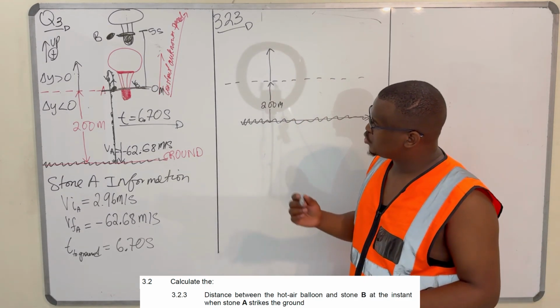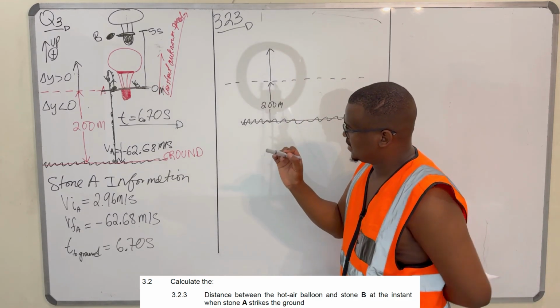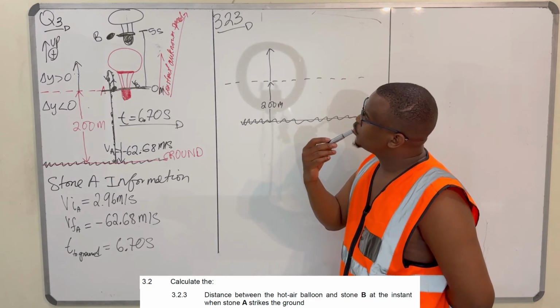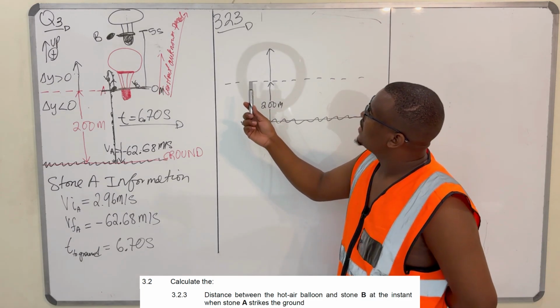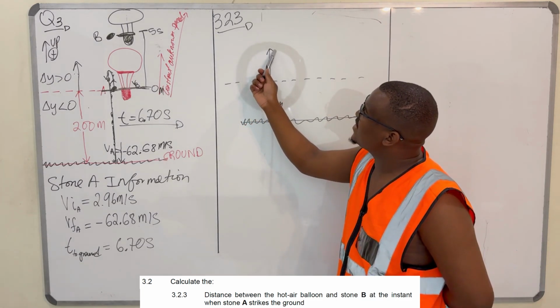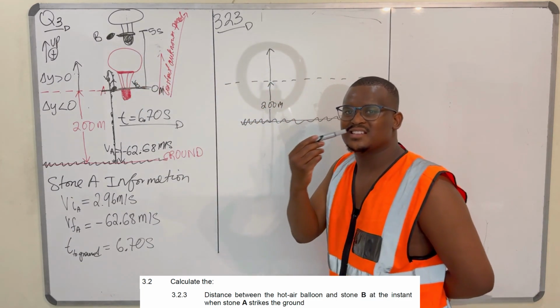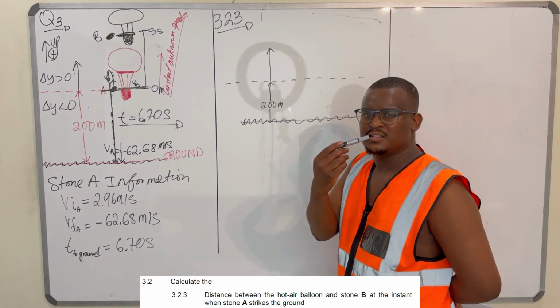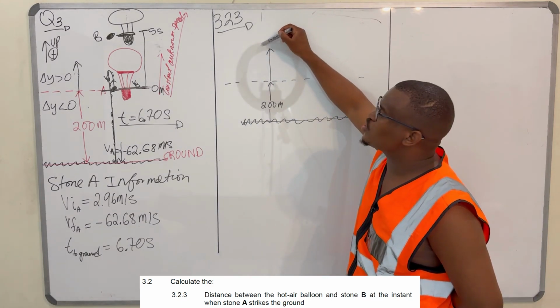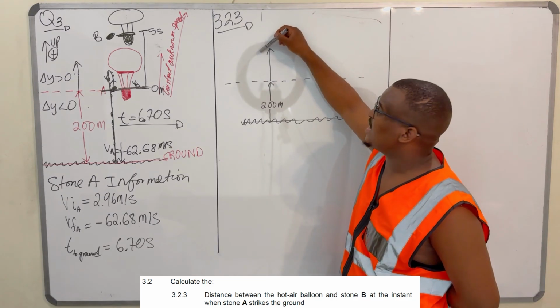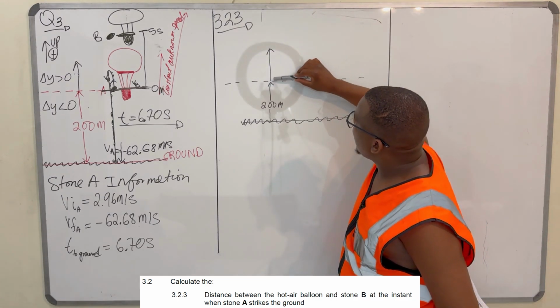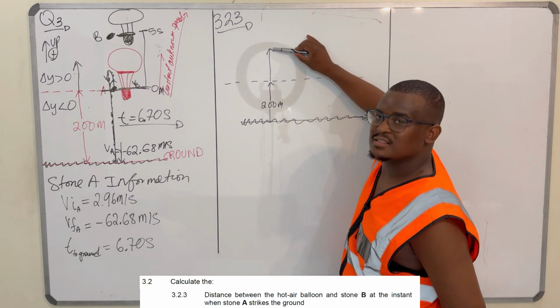So my plan is to calculate the height at which stone B was released, which means I need to know what this displacement is.